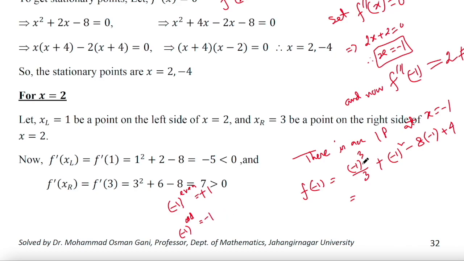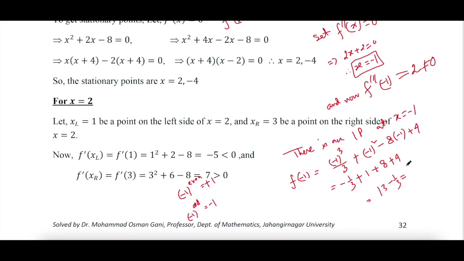So it is -1 by 3 plus 1 plus 8 plus 4, this equals 13 minus 1 by 3, this equals 39 minus 1 by 3, this equals 38 by 3.